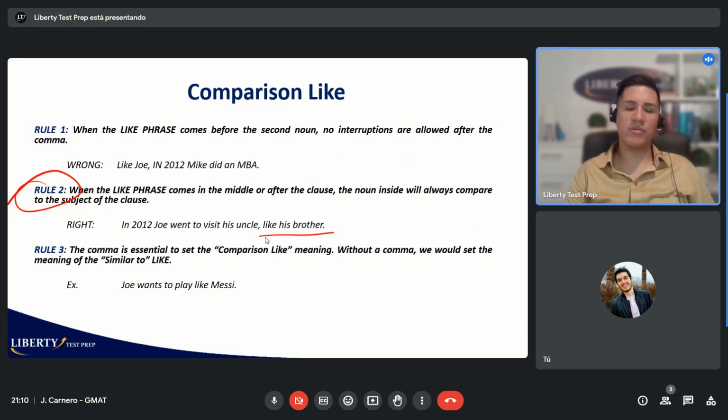To Joe. Why? Because the theory tells you it will compare to the subject, not to anything else. We shouldn't be looking at anything here. It's comparing to the subject. That's a comparison because of theory.